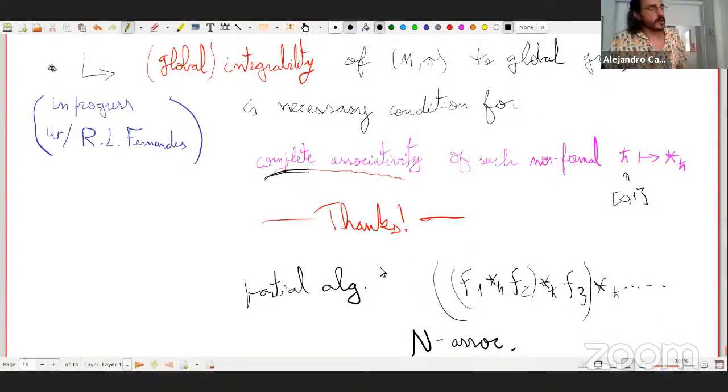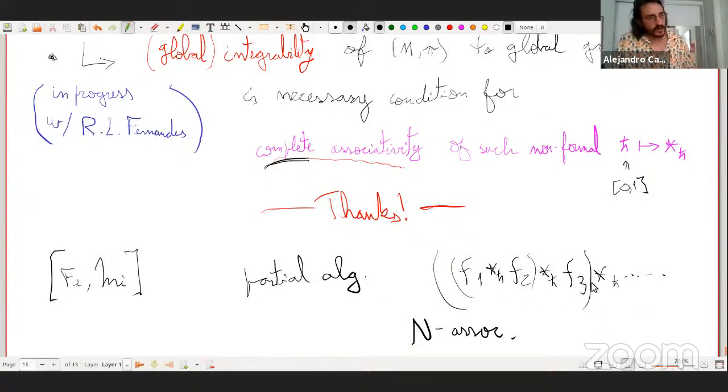No, the connection to integrability is a bit more elliptic. It has to do with the work of Rui Fernandes and Marius Crainic that I mentioned, in which they understood integrability also in terms of these different ways of associating, but not now functions in this algebra, but elements, arrows in the local groupoid.